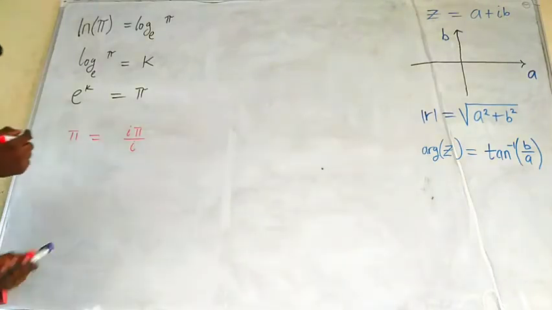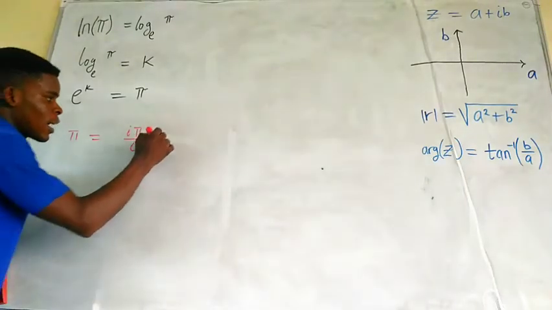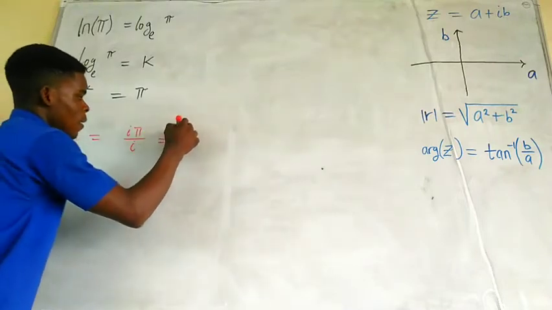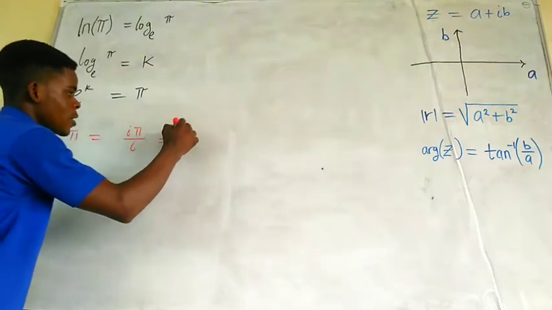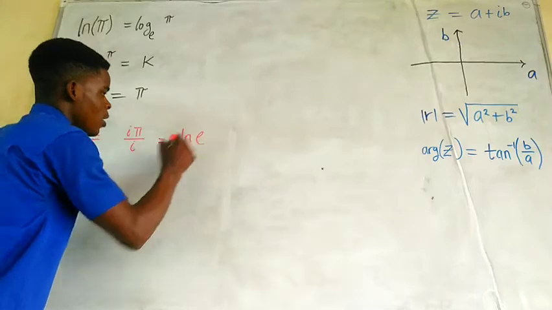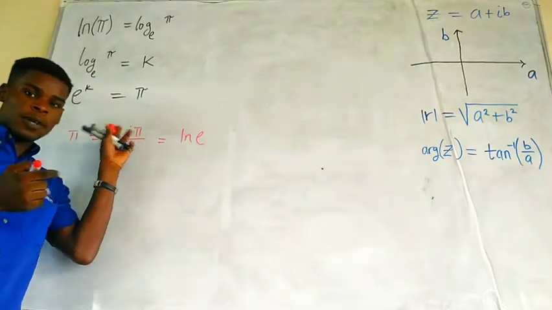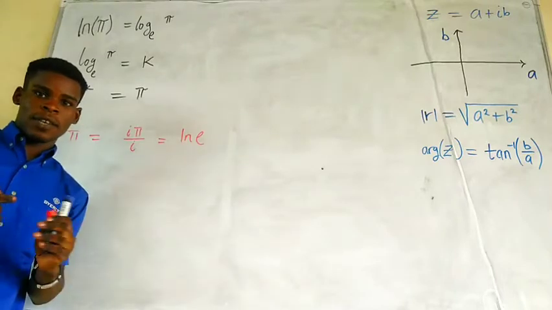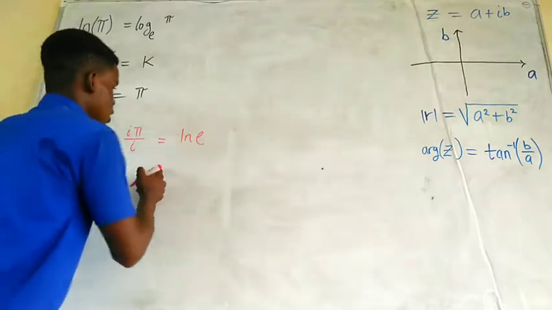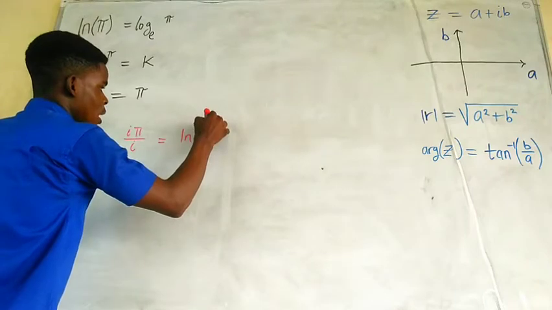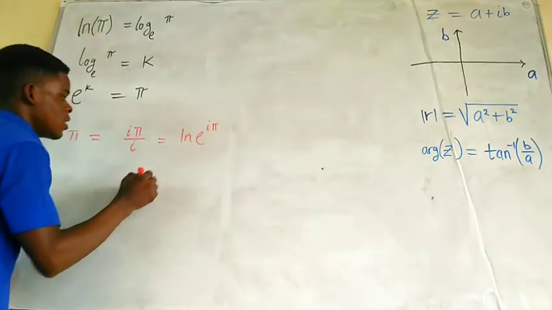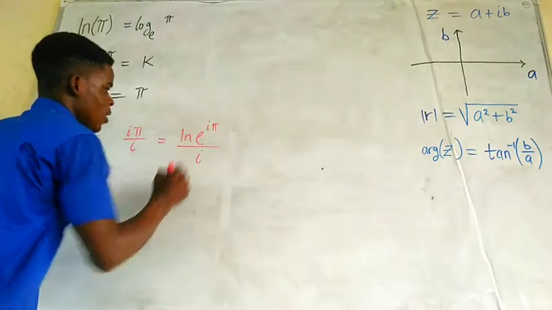Again, in the numerator, I can rewrite this as ln e, just by multiplying the numerator by 1. ln e gets us 1. So it's ln of e raised to the power i pi, divided by i.